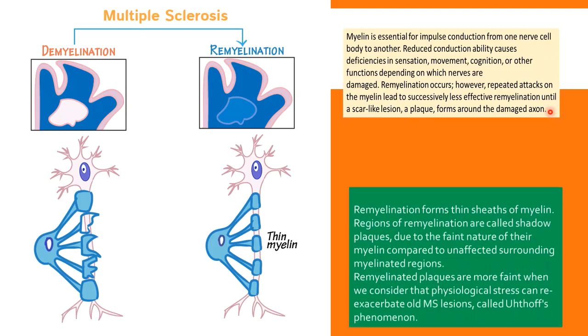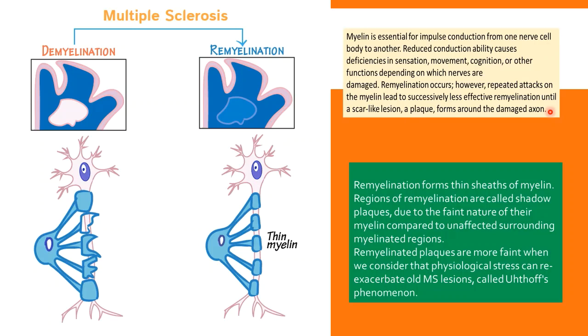Okay. It must be noted that remyelination forms a thin sheath of myelin, as you can make out here. The myelin sheath is comparatively very thin, and these regions of remyelination can appear as shadow plaques.